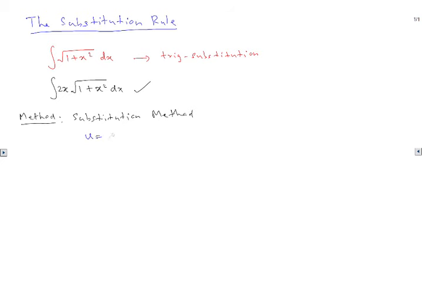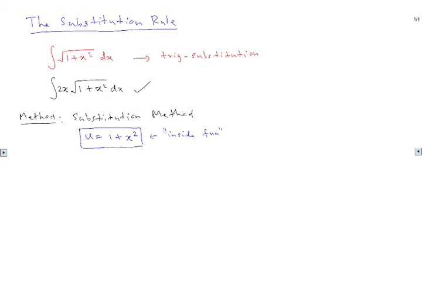The inside function is 1 plus x squared. That is the trick: we pick u equal to the inside function.